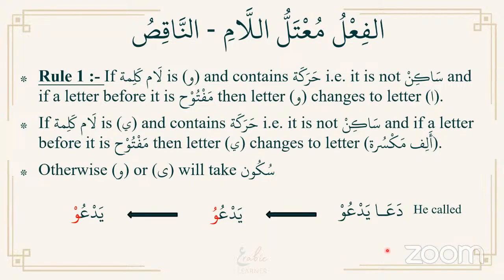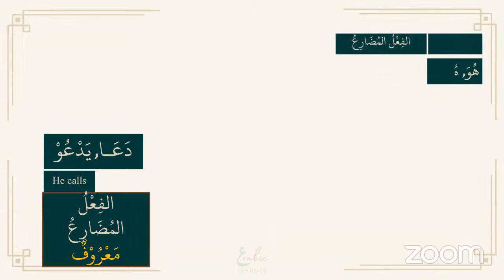That's why it became da'a. Okay? If you know this, you can make all Mudaare now. Very simple. So you know how you come up with Yad'u. Actually, it was Yad'uu, but since this is not taking fatha, then you have to make it sakin and you leave it as it is. Yad'u, you will say. Understand? So this is Yad'u.